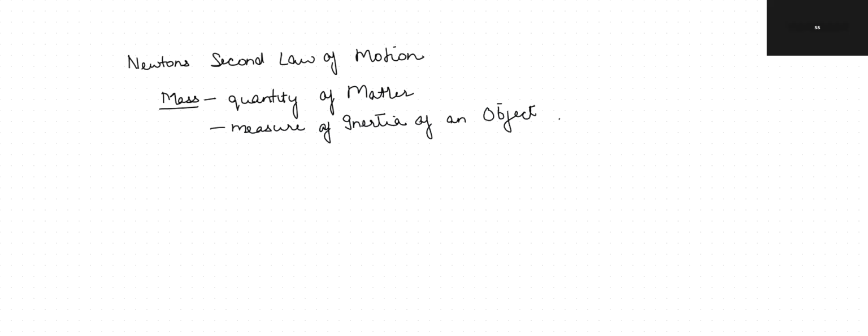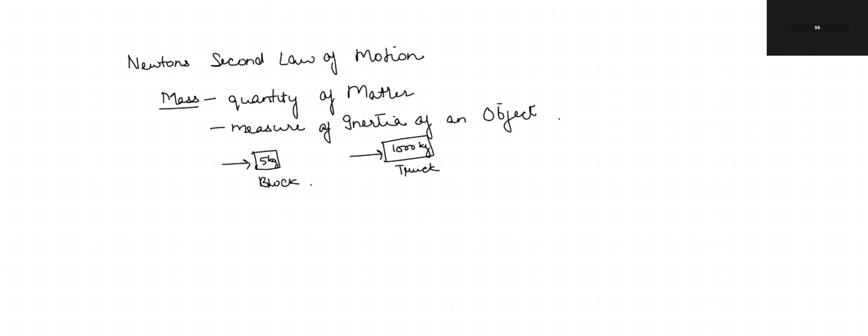Suppose this is a block of 5 kg, and suppose this is a truck weighing 1000 kg. So the greater the mass, the more force is required to move. Suppose this truck, we need much more force to move the truck than to move this block of 5 kg mass.